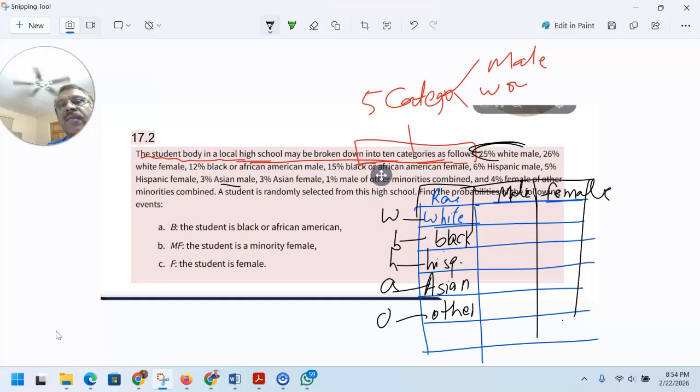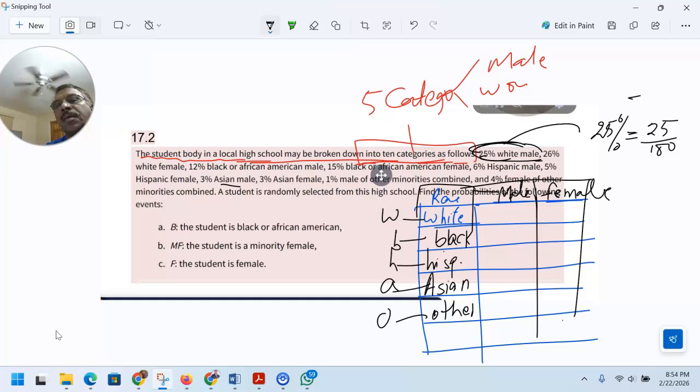Now let's start from the first one. This one says 25% white male. Basically, we can write its percentage: 0.25 divided by 100, which is 0.25. Because it's talking about white male, I write 0.25.